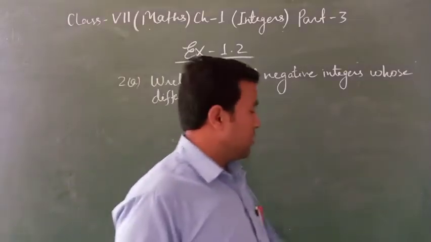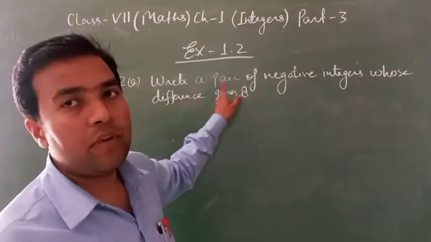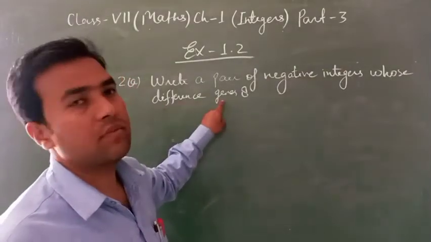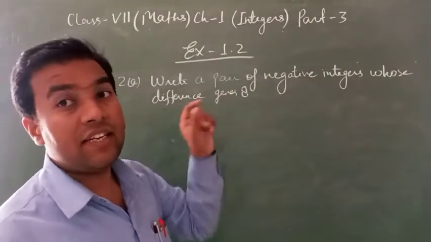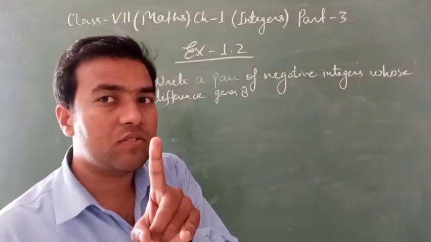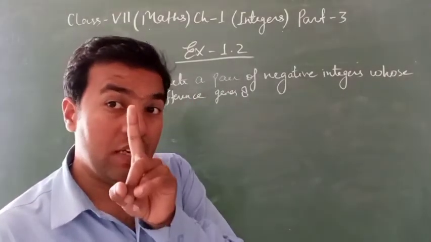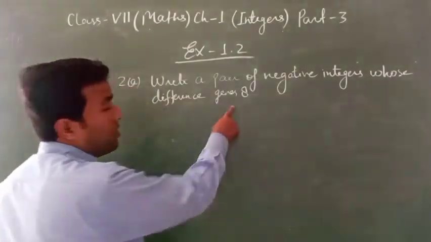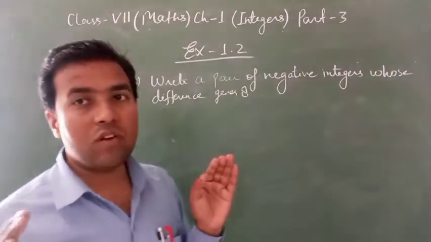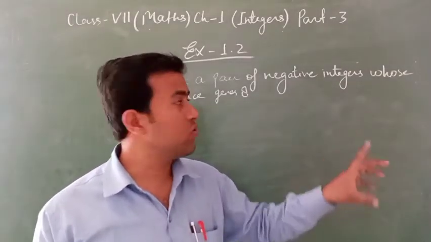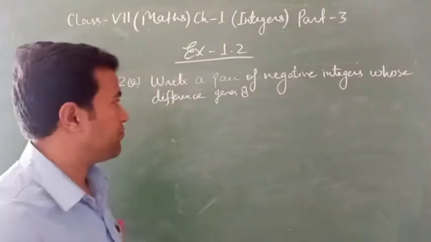Clear? Negative integers means whatever integers you are taking, they should be negative. When you find the difference of those integers, the answer should be 8.